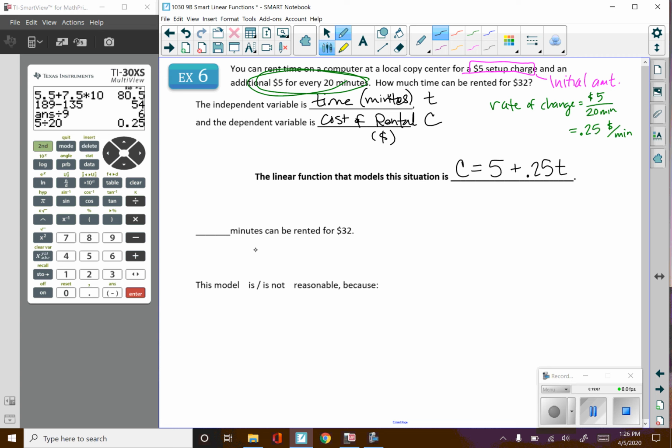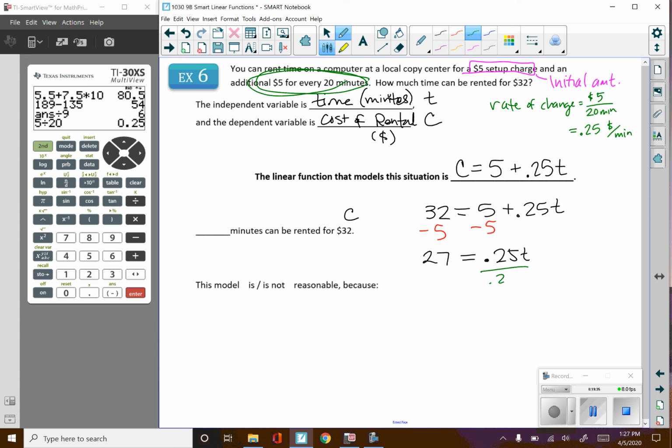So our question that we want to answer as a follow-up is, how many minutes can we rent for $32? Well, $32 is a C value, a cost. So our equation is going to be 32 is equal to 5 plus 0.25t. So we're going to subtract the 5 as we solve for the time. And we get 27 is equal to 0.25t.